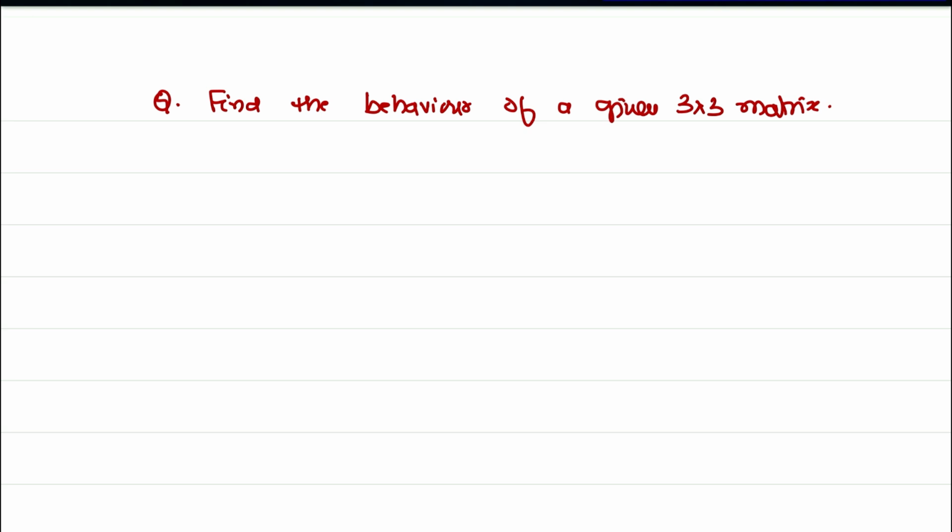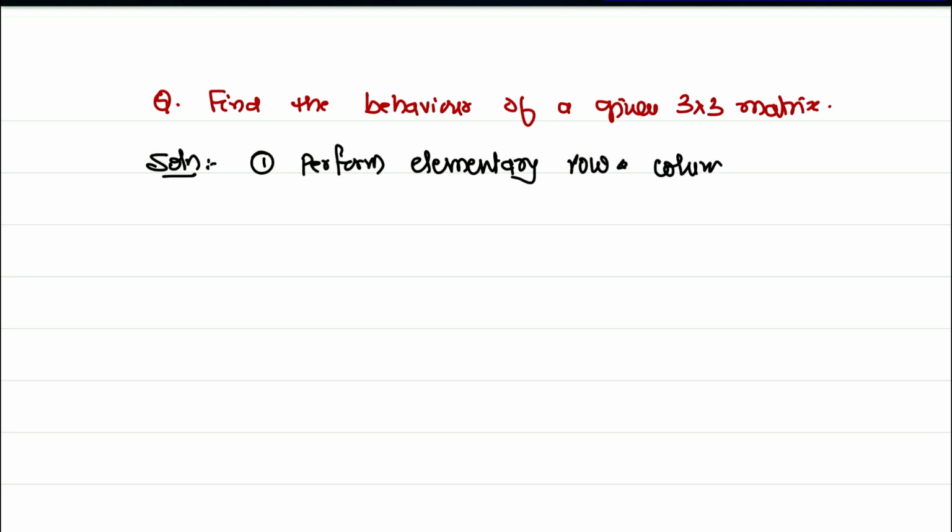The first and foremost thing we have to do here is write the 3x3 matrix and perform elementary row and column operations, which I have explained in the previous lectures. Please see that.